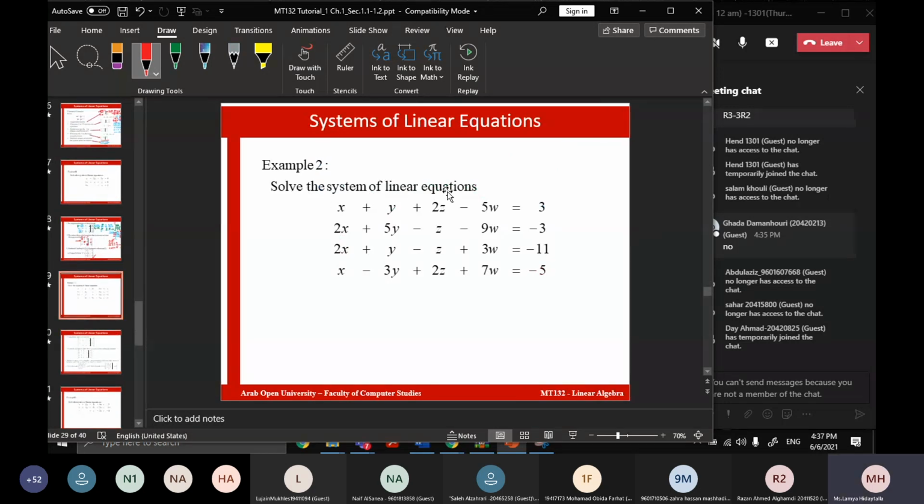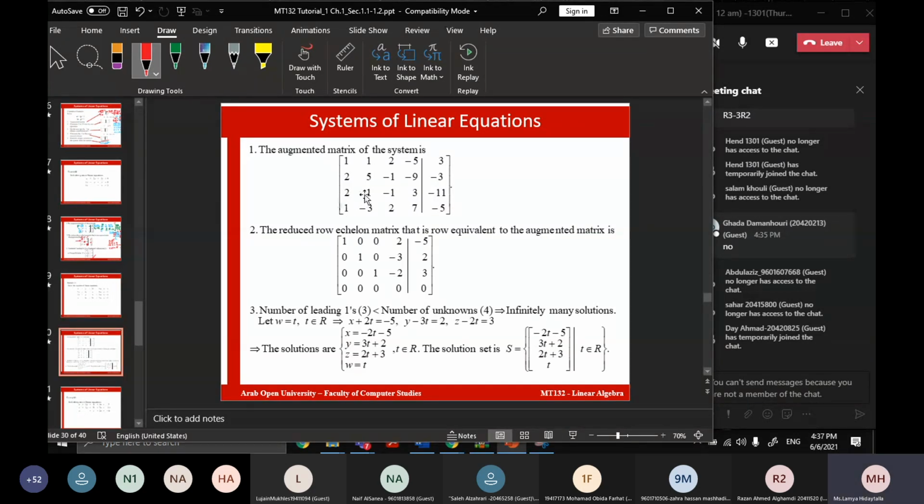Now, solve the system of linear equations. Okay, how many unknowns do I have? 1, 2, 3, 4. 4 unknowns. Okay, we first write it in the augmented form. So this is the augmented form, and then reduce it to an equivalent system using row operations.